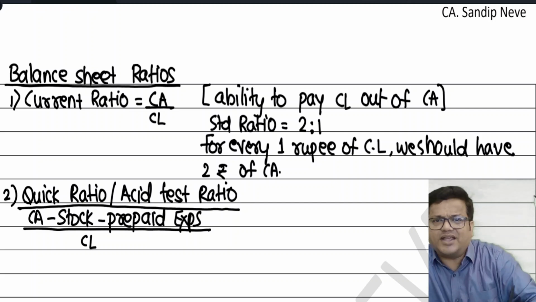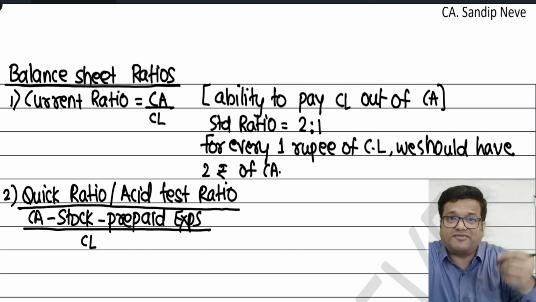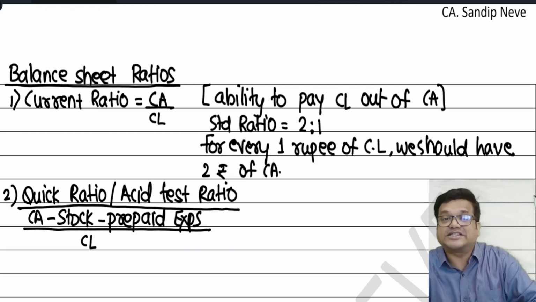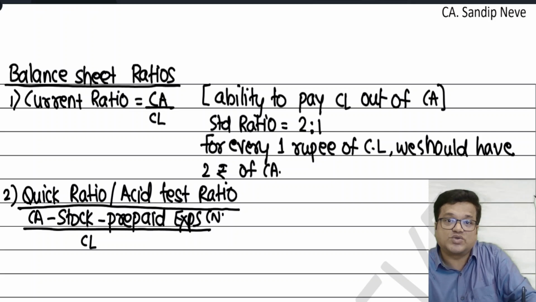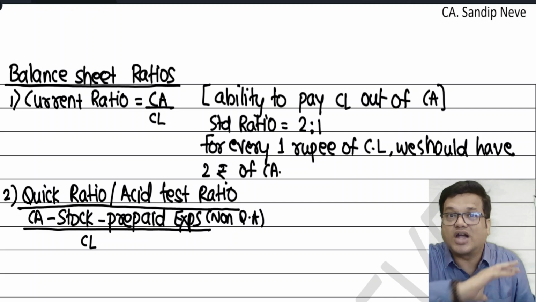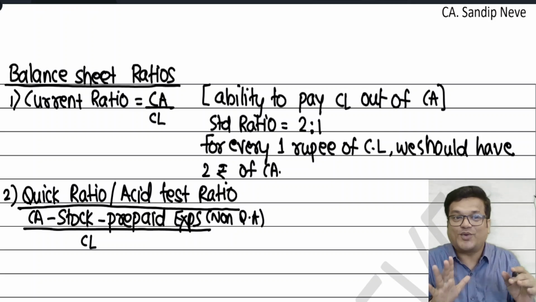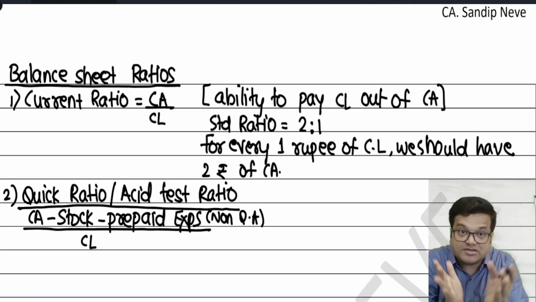You may be maintaining a very high current ratio, but the fact is that out of the current assets, stock and prepaid expenses are typically called what? Non-quick assets. What happens, guys? You can't quickly convert them into cash, right? So the quick ratio is a further stringent ratio.